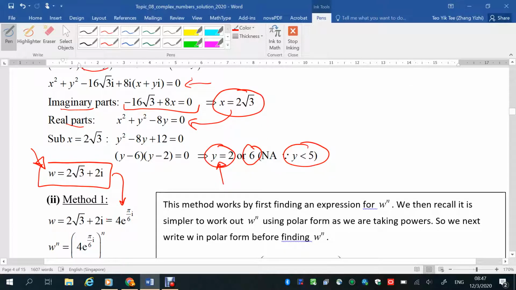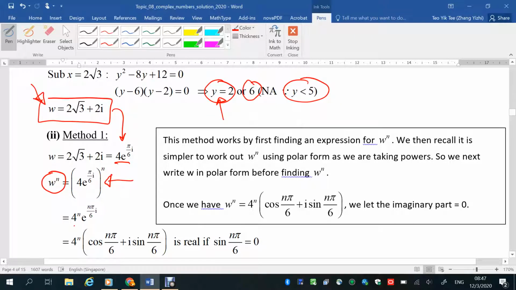Finding them will leave you with 4e^(iπ/6). Thereafter, based on the rules of indices, W raised to the power of n is the same as raising 4e^(iπ/6) to the power of n, which becomes 4^n e^(inπ/6).